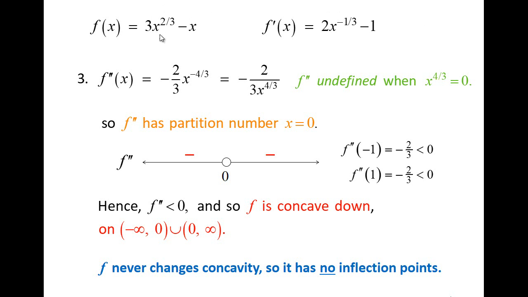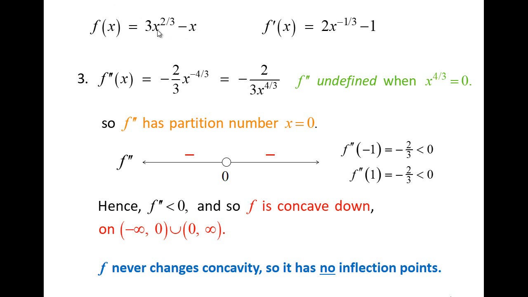So when x goes to negative infinity, this is the dominant term. When x is very negative, f of x would be positive big. So that means when x goes to negative infinity, f of x goes to positive infinity.